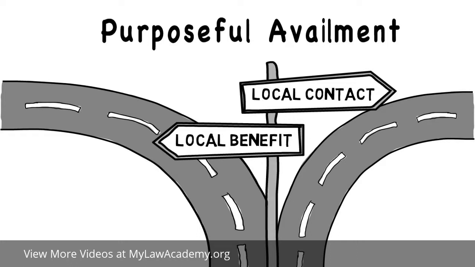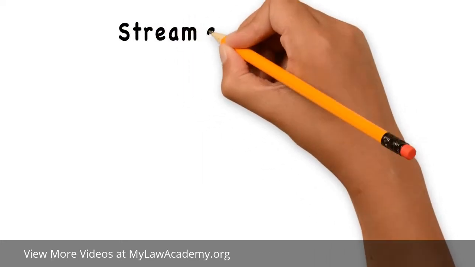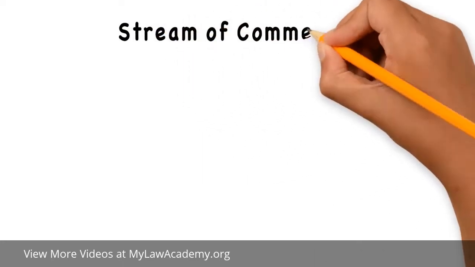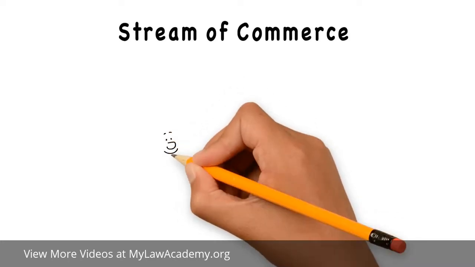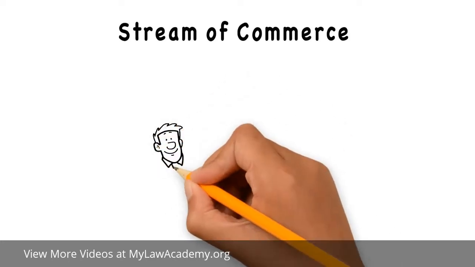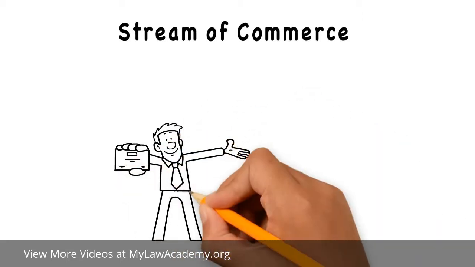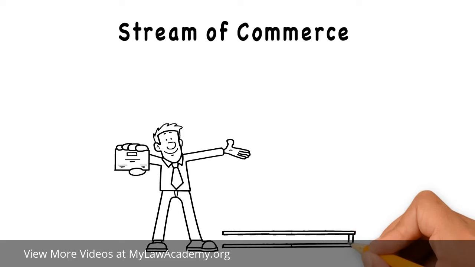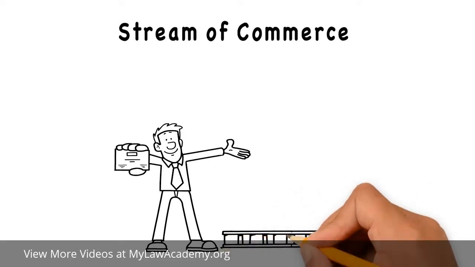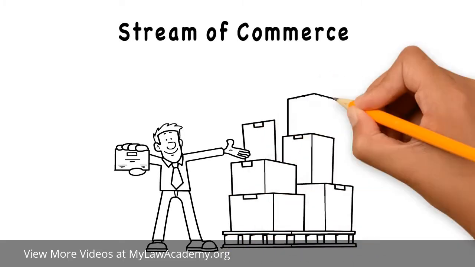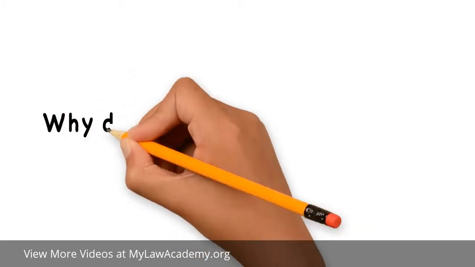If they did, then the forum state may have proper jurisdiction because of those contacts. Another way to establish minimum contacts is by what's called stream of commerce. The idea is this: if an out-of-state defendant put its goods or products into the forum state's local economy, then maybe personal jurisdiction is fair and would be reasonable.